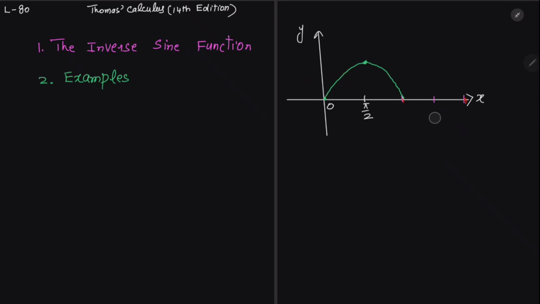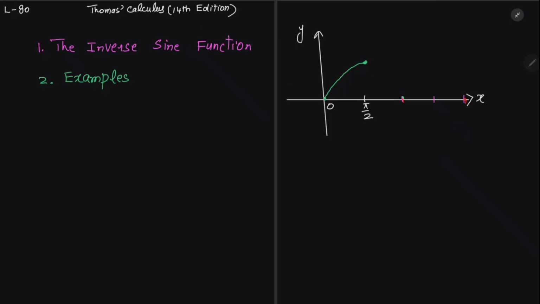If I just remove some part of the domain and consider only this, then still it is not 1 to 1. So I start removing the domain until I get a 1 to 1 function. For example, if I just remove that part as well, now I see that this is 1 to 1 since it just passes through only one point.